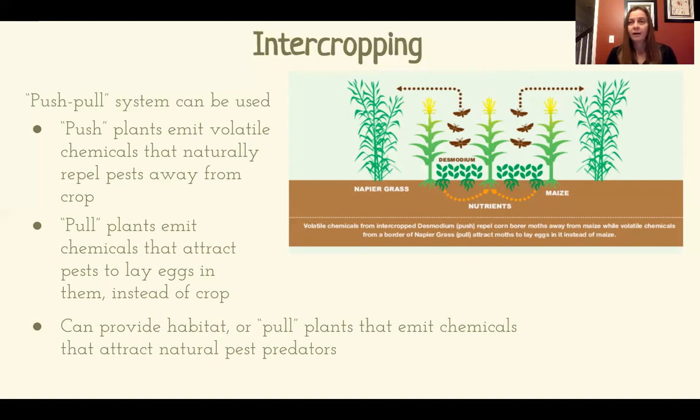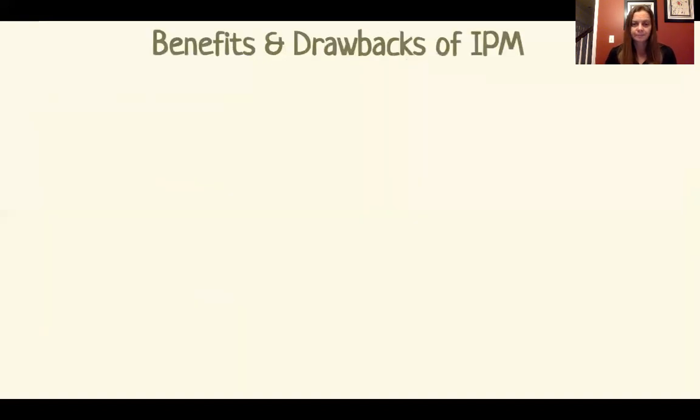If we're thinking of rodents as pests, then traps are very commonly used as a physical or mechanical form. And then the third piece, which we've already talked about, is genetic modification. So this might be planting typical hybridized plants that are more resistant to pests, or it might be planting genetically modified organisms that are more resistant to pests.